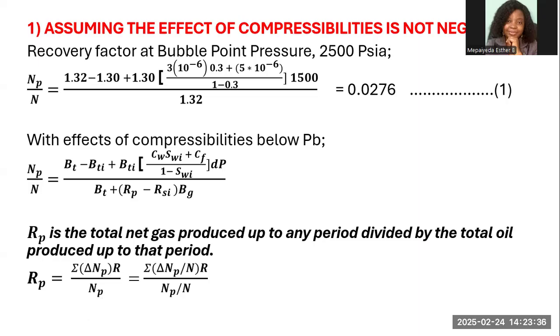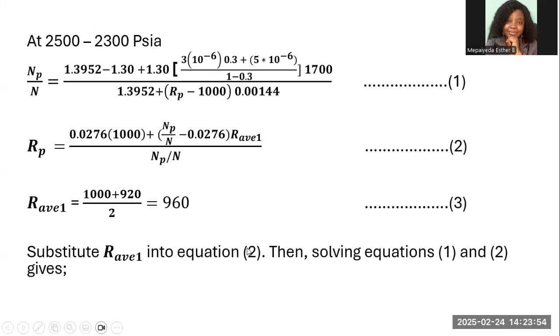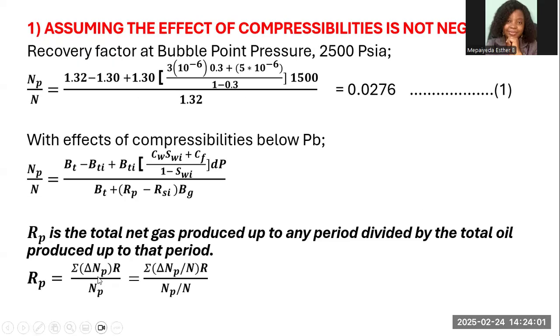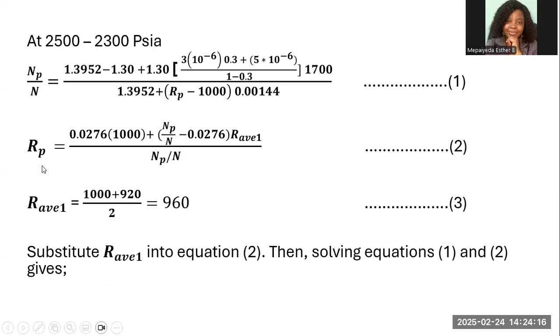Because we are trying to solve for NP over N, we divide both sides by N, so you have NP over N, summation NP over N, NP over N. Then we go ahead to substitute this into this equation, in order to estimate the NP over N. We substituted this RP in here to estimate NP over N. So that is what was done here.